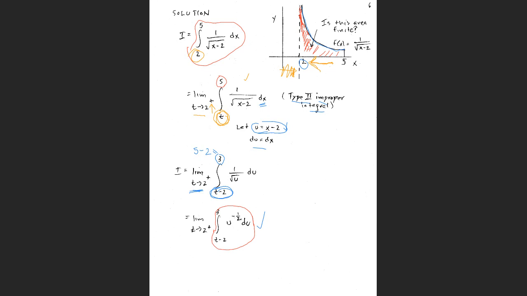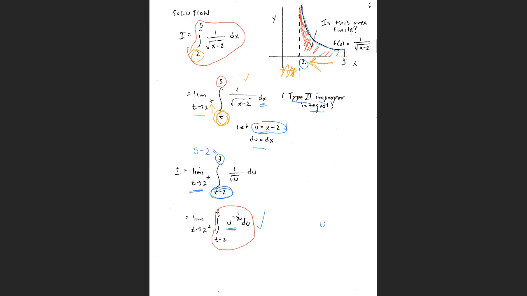Are there any other good questions before I go to the next page? Well, the antiderivative of u to the negative half power is 2 times u to the positive half power, right?